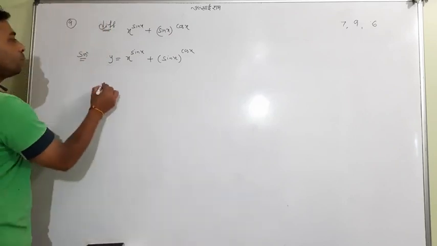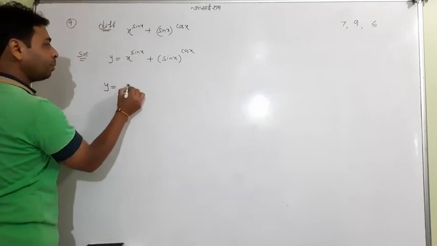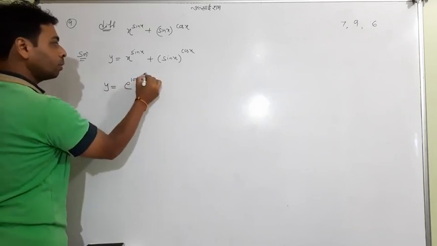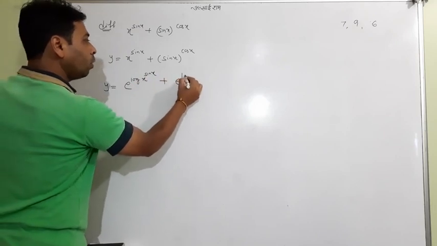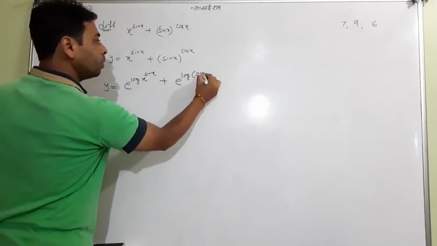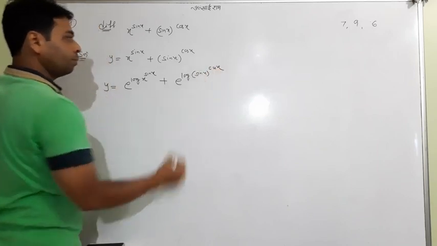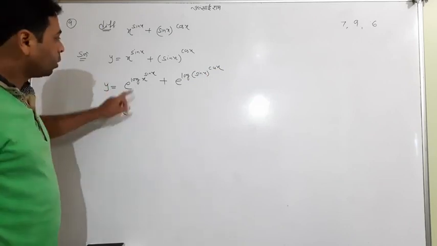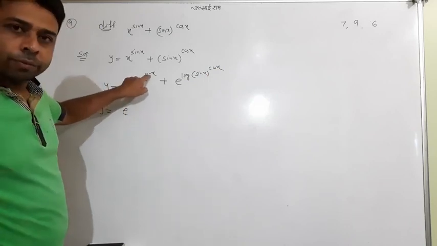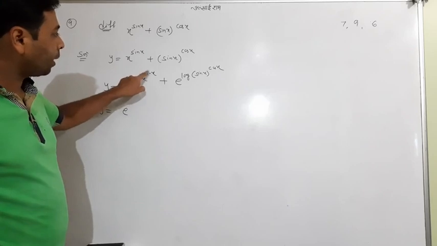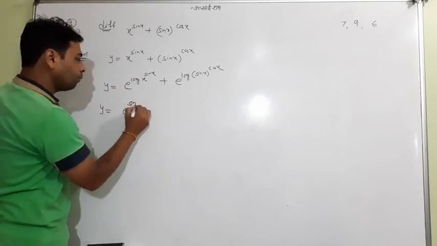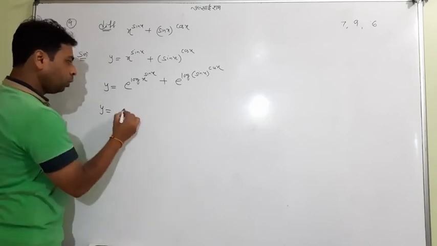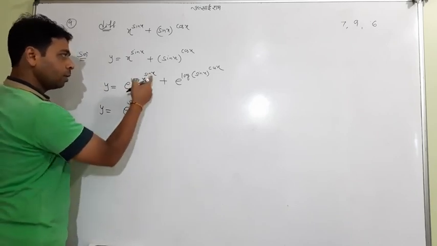Use this. First I taught you that x to the power sin x can be written as e to the power log of the function. So write the function properly. What further will come? See, log m to the power n: n will come in front, meaning sin x will come in front. So sin x into log x, e to the power sin x into log x.